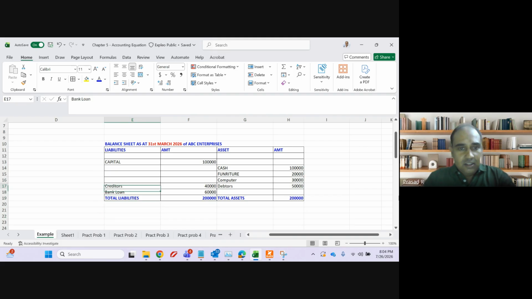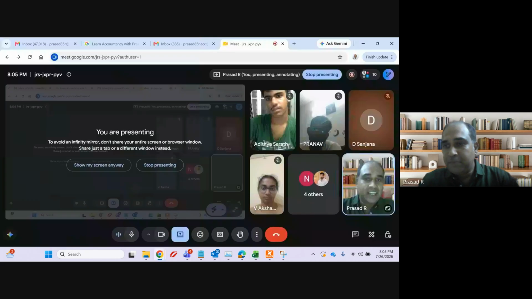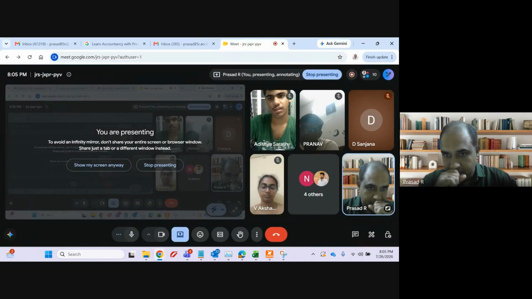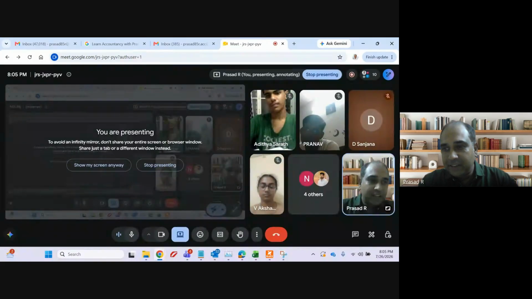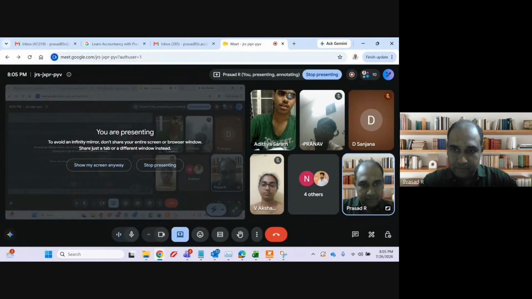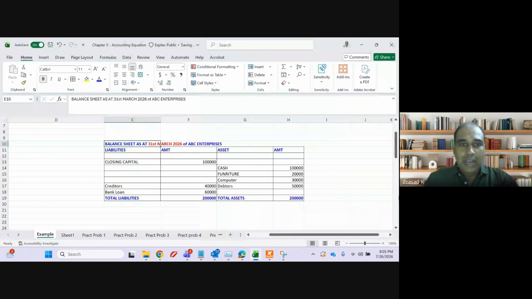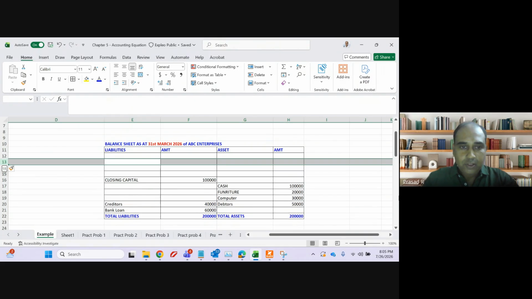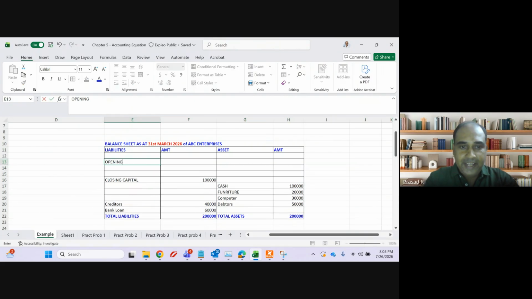The capital we have in the balance sheet is called closing capital. If the balance sheet is on 31st March, we call it closing capital. So how does this closing capital come about?